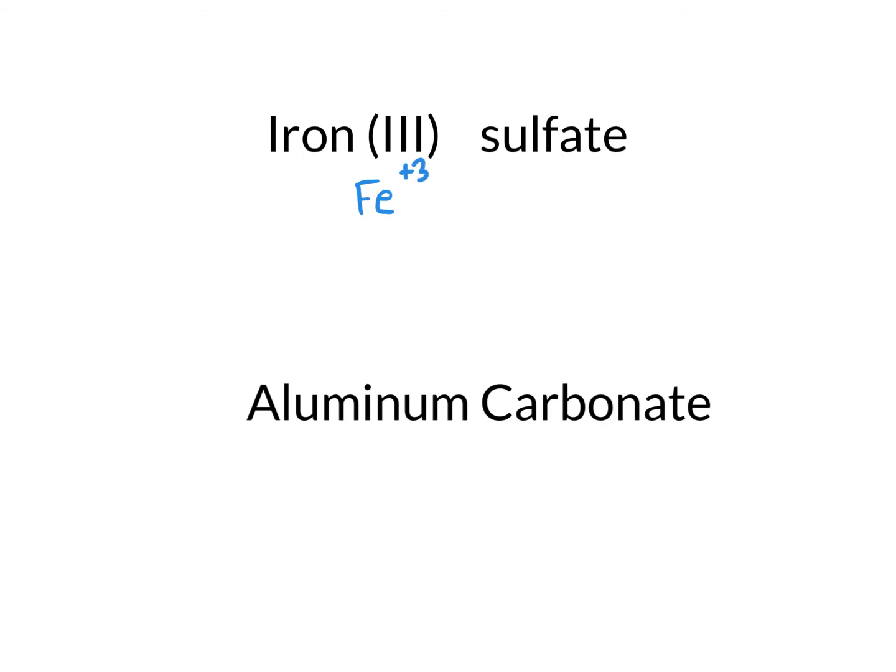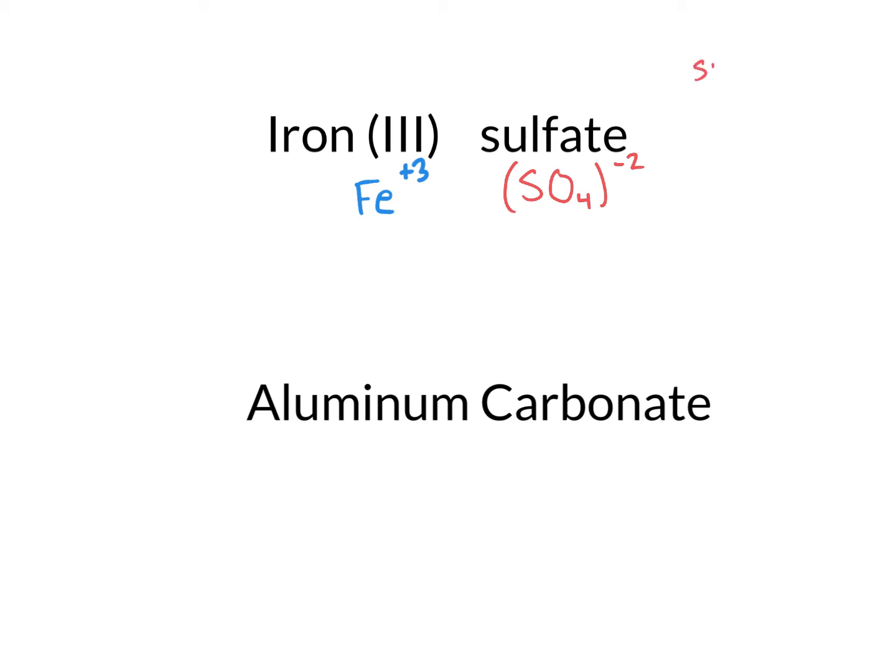And sulfate, looking at our periodic table, that first slide, and if you could go back and review that, you'll see that sulfate is SO4, and it is a -2 charge. Now note, I put parentheses here to protect the polyatomic.